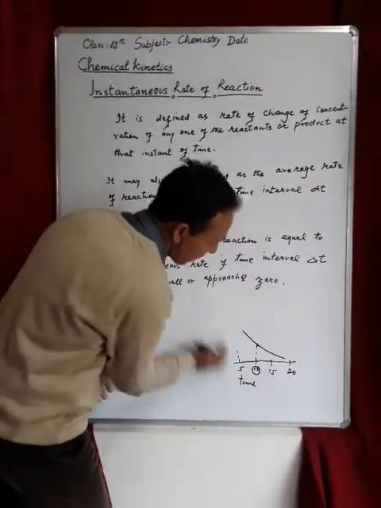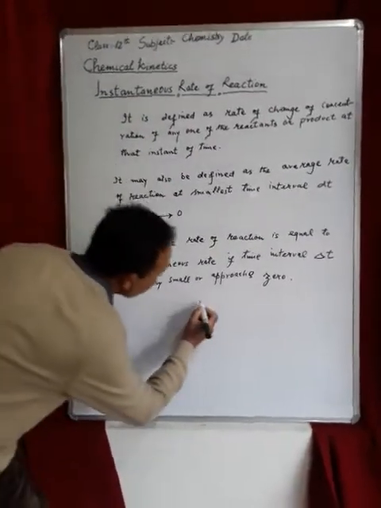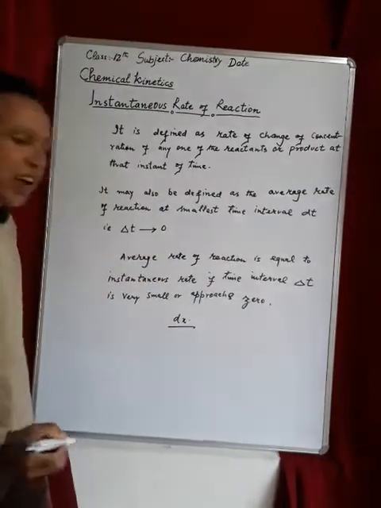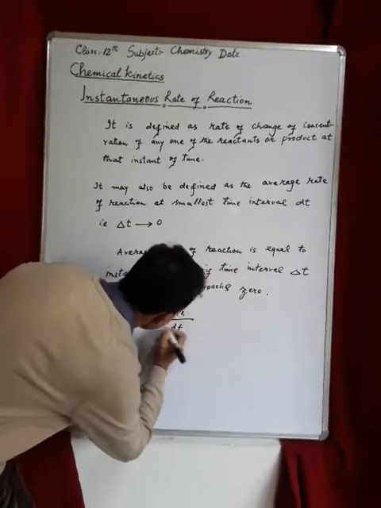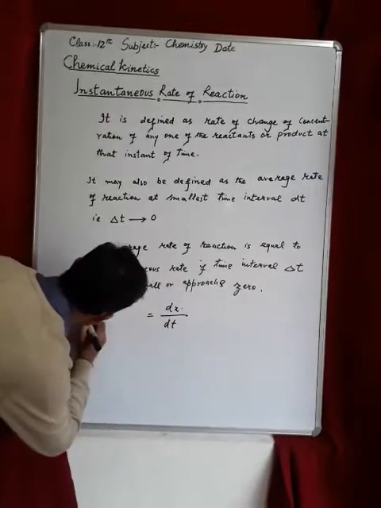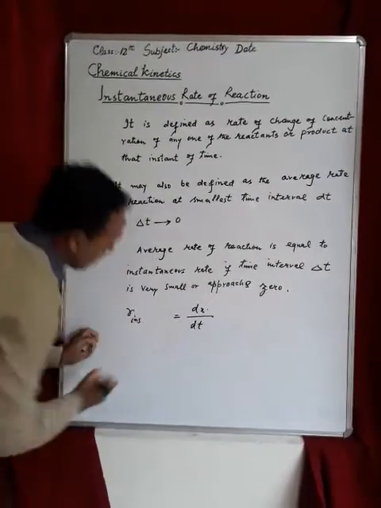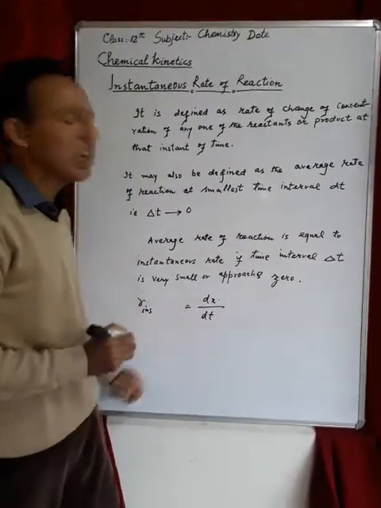So if the change in the concentration is very small, that is dx, and change in the time is very small, that is dt, then instantaneous rate of reaction is equal to dx divided by dt.